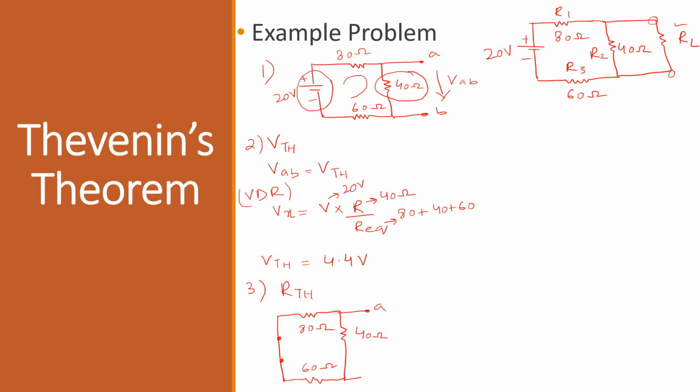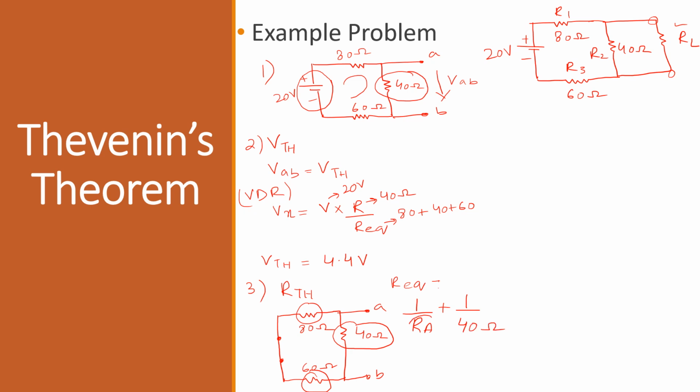Now as you can see, this R1 and R3 are in series with each other, and both of these resistors are in parallel with this 40 ohms resistance. So your R equivalent will be 1 divided by RA plus 1 divided by 40 ohms.